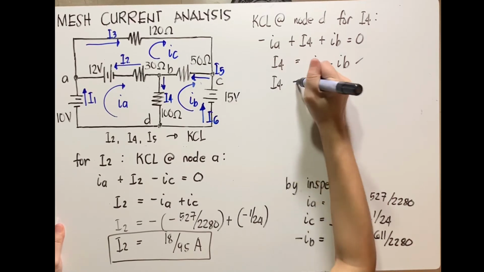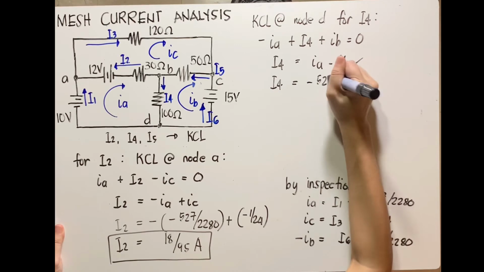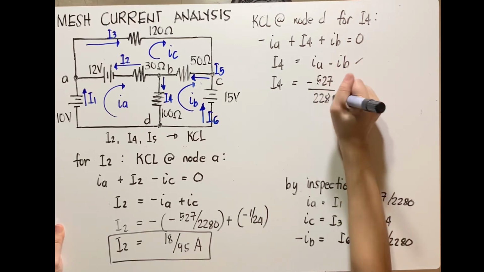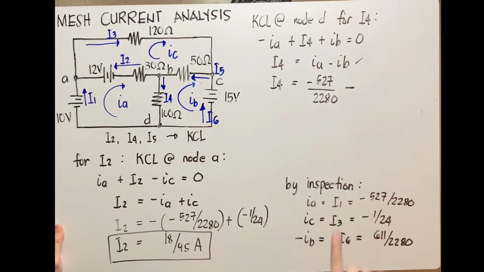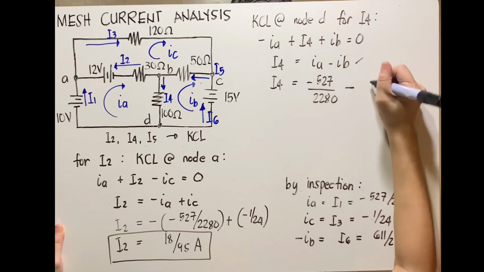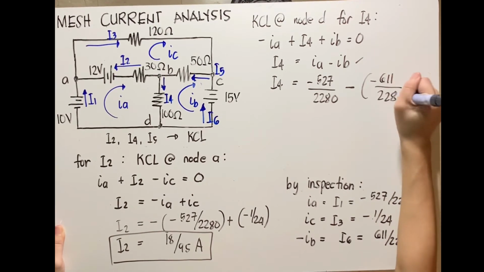Substituting the values. So, IA is negative 527 over 2280 minus IB. IB is the negative of 611 over 2280.